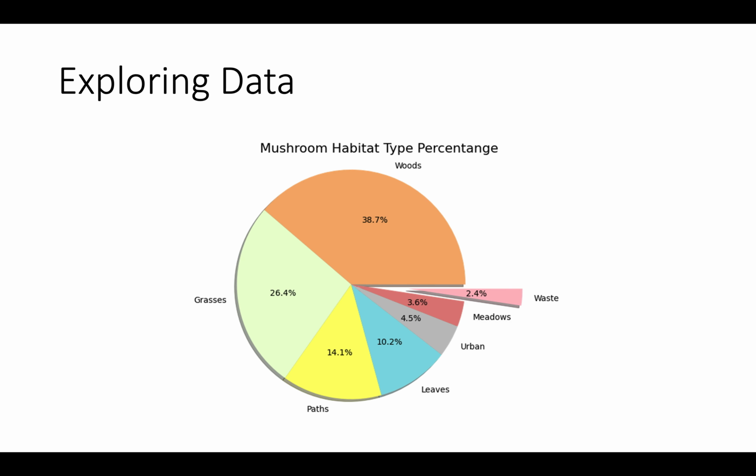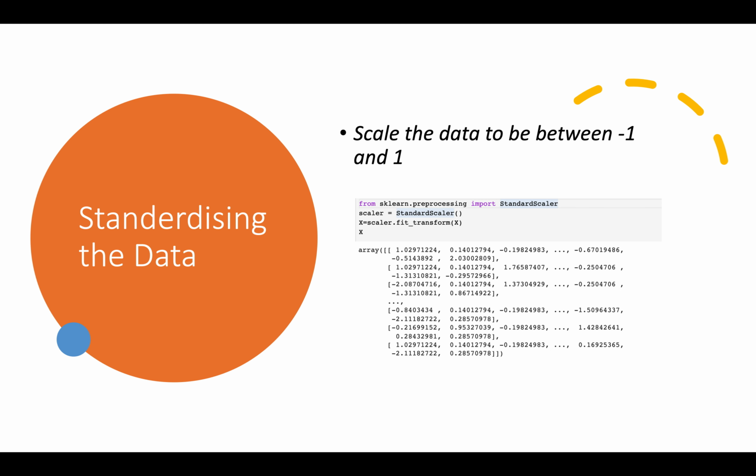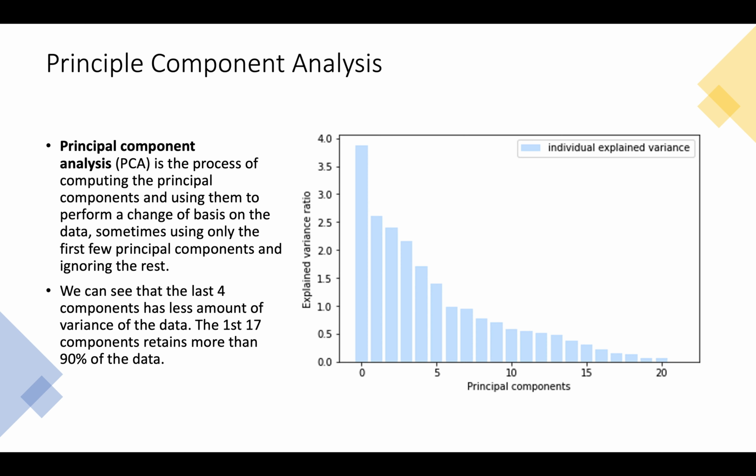This pie chart shows the different habitat types of mushrooms, like 38.7% living in woods and 26.4% growing in grasses. Since we encoded our data to numerical, we then scaled our data to be between -1 and 1 to further standardize it. We did a simple principal component analysis.